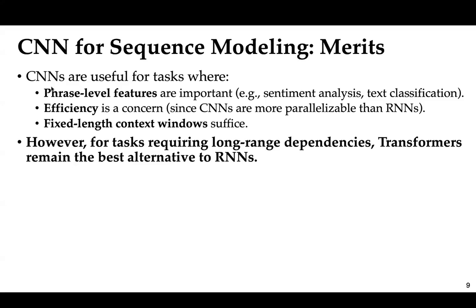So CNNs are useful for tasks in our domain where phrase level features are important, and you don't really care about the deep features, but you have an overall representation. You do not want deep semantics, just high level semantics.